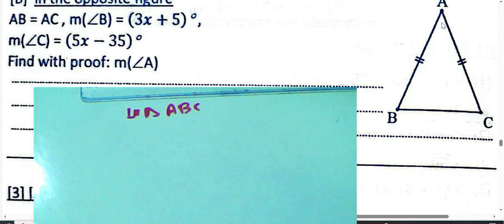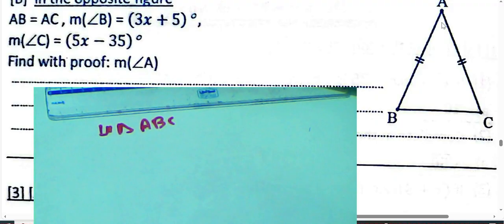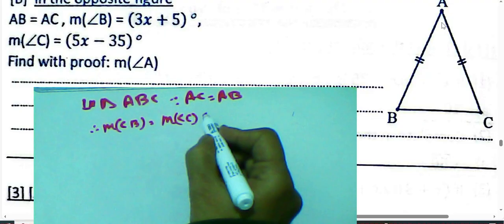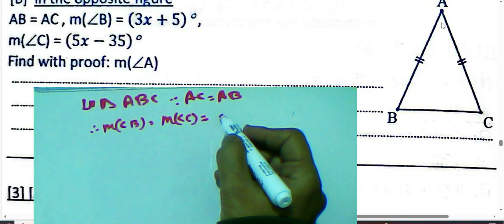Then the measure of angle B is equivalent to the measure of angle C. He gives me two angles B and C, and they are equivalent.